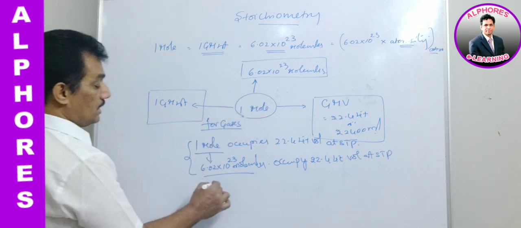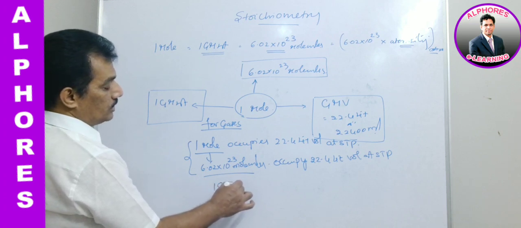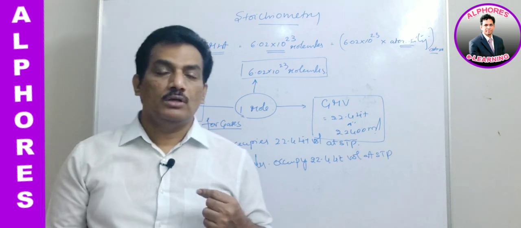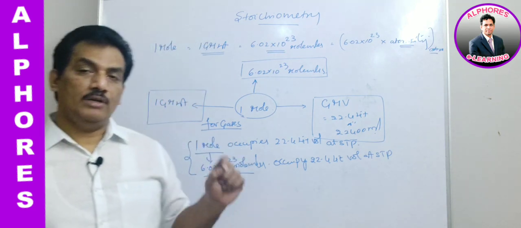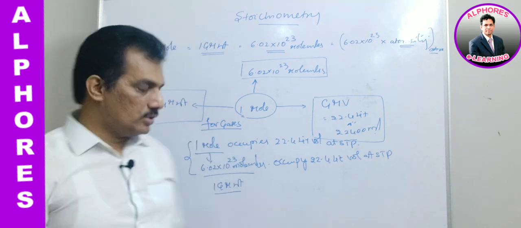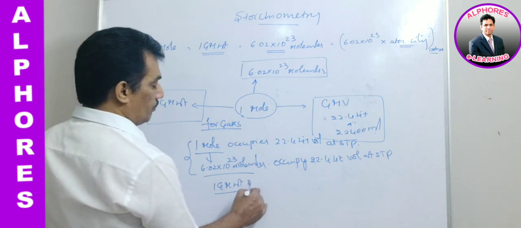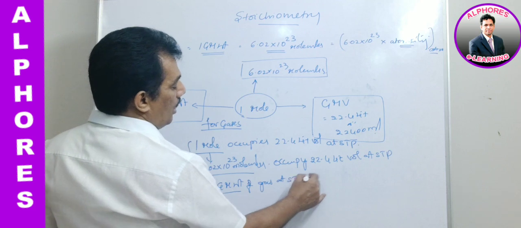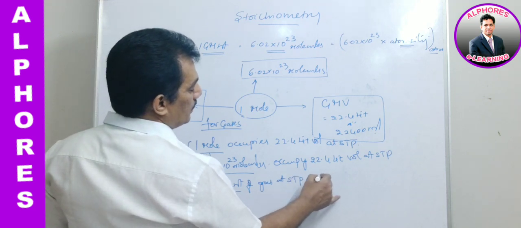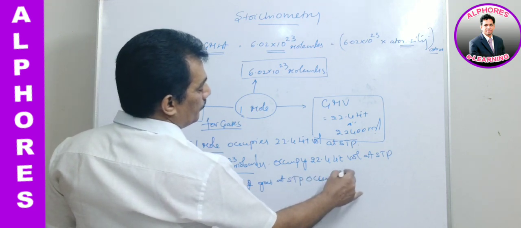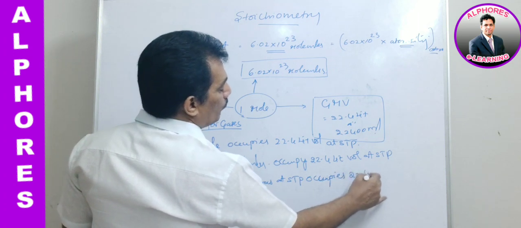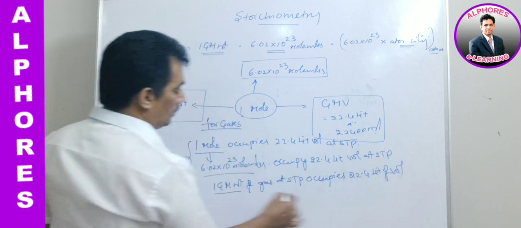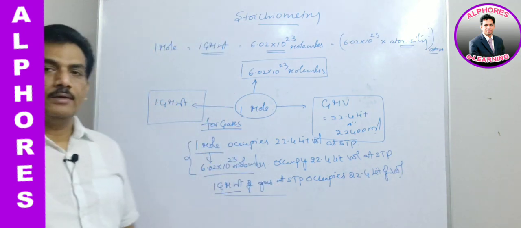And now 1 gram molecular weight is the only variable, because already we know that gram molecular weights are different for different gases. So 1 gram molecular weight of a gas at STP occupies 22.4 liters of volume. These are the relations. Clear?